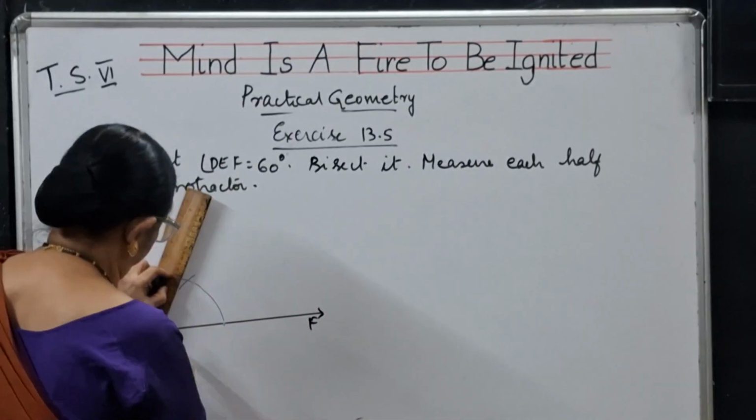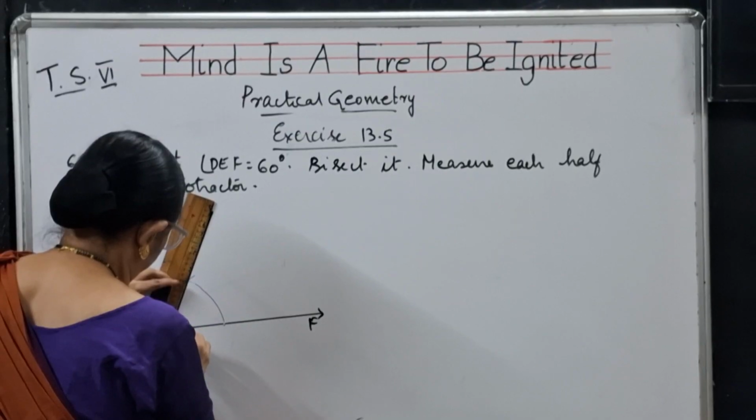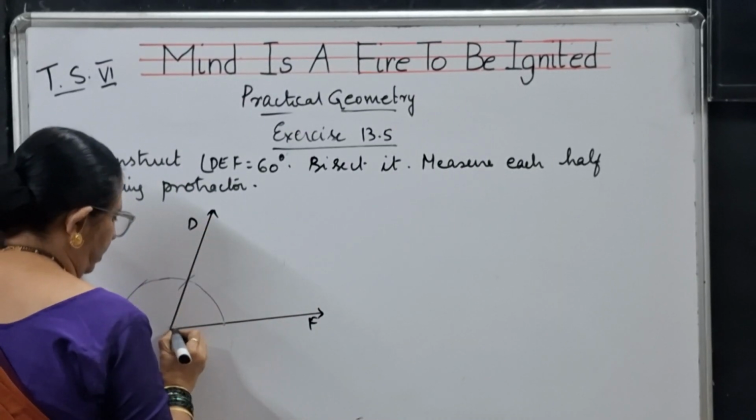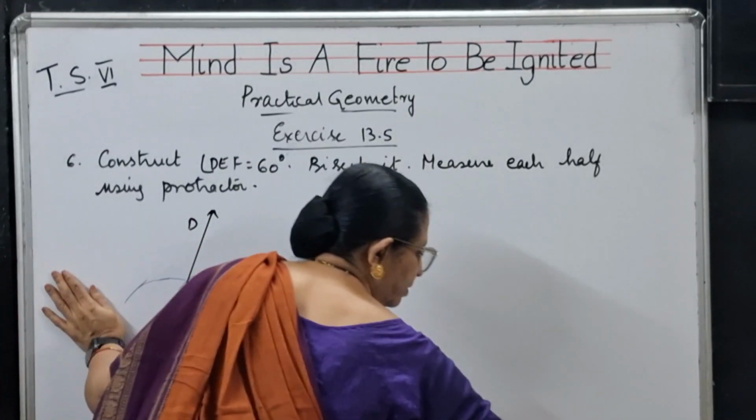So this is angle DEF 60 degrees. Now you need to bisect it.